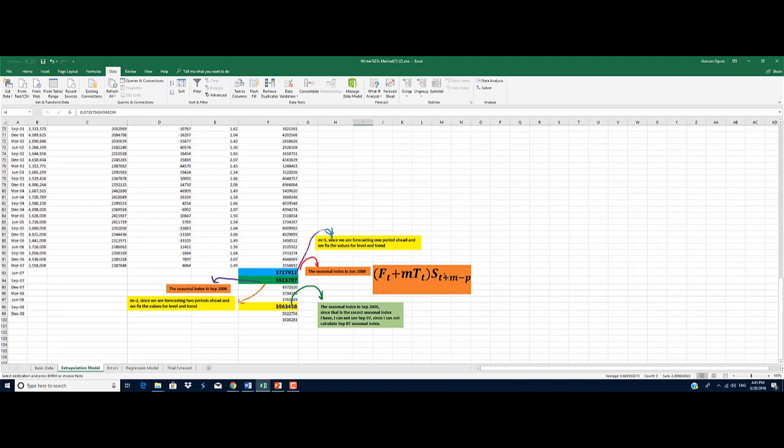Let's say we want to forecast June 2007. Here, since we are forecasting one period ahead, M is going to be 1. And I'm going to use the level forecast of March 2007 and the trend forecast of March 2007. I'm using the seasonal index of June 2006, or second quarter of 2006.